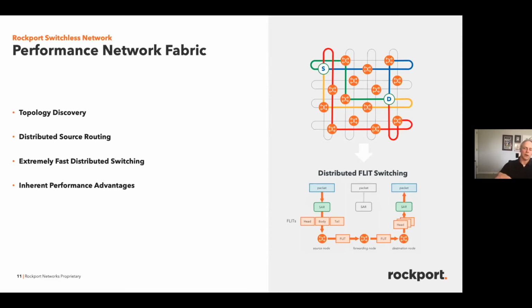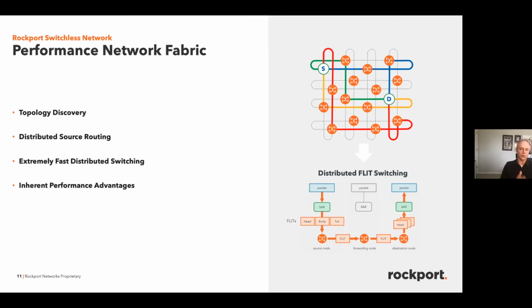Now, at the bottom right, what you see here is basically what our underlying technology is. So again, we're an Ethernet interface to the host. We will see an Ethernet frame come from that Ethernet chip. Then what we do is we chop that up into some pieces called FLITs, or flow control units. We take those FLITs and we switch based on those in the network, switch or route, however you want to look at it.